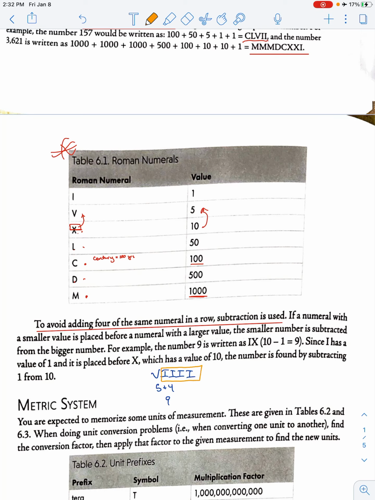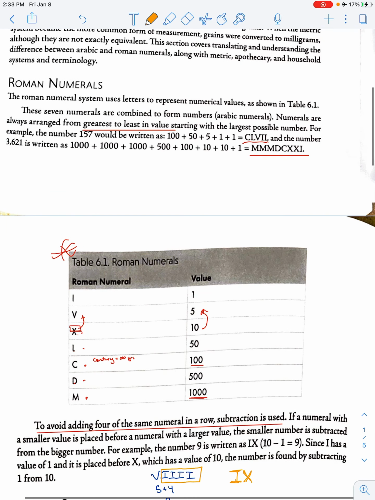So we can say 10 minus 1. When you want to subtract, you place the smaller number, the number that you're subtracting, behind the larger number. So remember we said earlier that we always arrange the numerals from greatest to least in value?